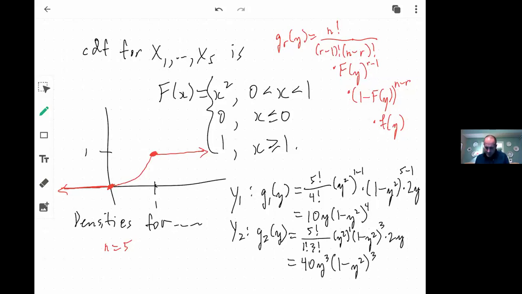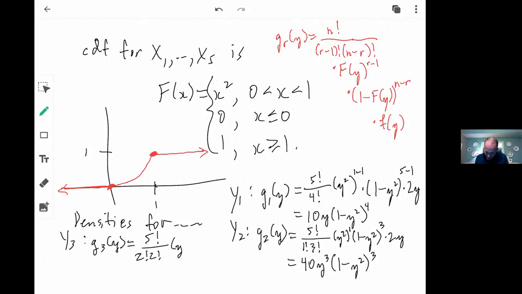Okay. And then I'm going to erase this over here, and we're going to write some stuff over here. What about for y3? Well, it's g3 of y. That's going to be 5 factorial over 2 factorial, and n minus r, so there's another 2 factorial.